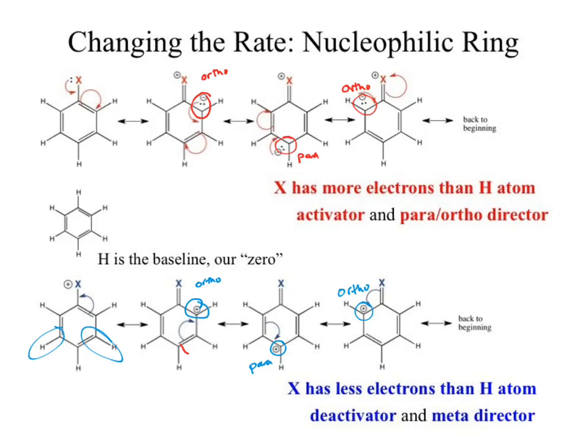Is there any way we should memorize it or not? Like which group is activating, which group is...? The only way you should memorize it is what is atom X, period. The textbook will list out a whole bunch of different examples. You are more than welcome to memorize what the textbook tells you to do. But if you look at those structures and identify what atom X is, does it have more electrons or fewer electrons? It fits.